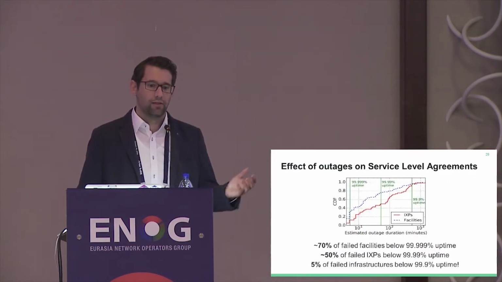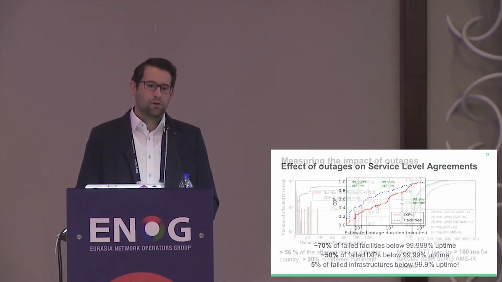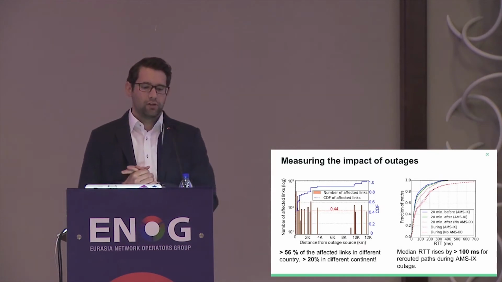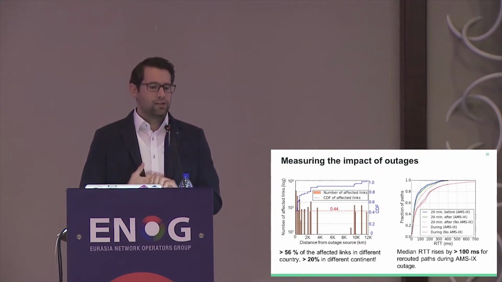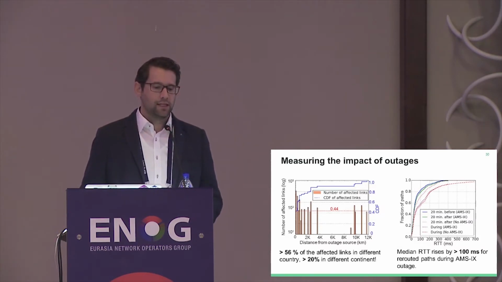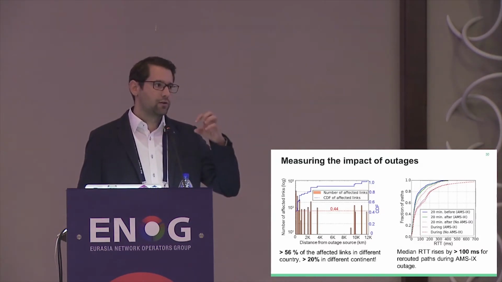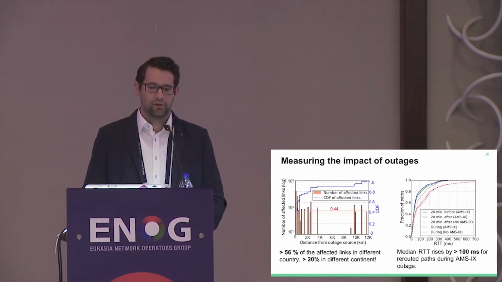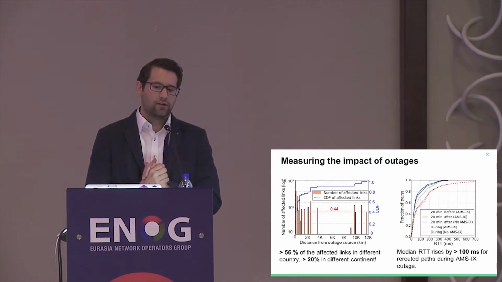SLAs or violate those. We also tried to measure the impact of the outage, and what we see is that 56% of the affected links are in different countries than the facility or the IXP that experienced the outage. And we also see major changes in RTT rises.